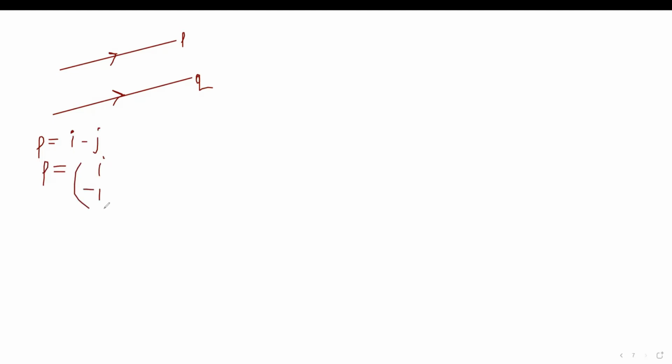In vector form, it's a lot easier to write it that way. Then they tell us Q is lambda I plus 2J. That they tell us is Q. So if this is P and this is Q, writing Q in this form, Q is lambda, 2.